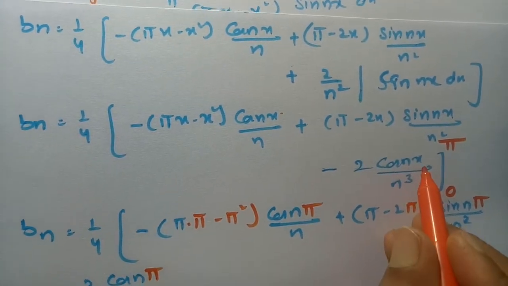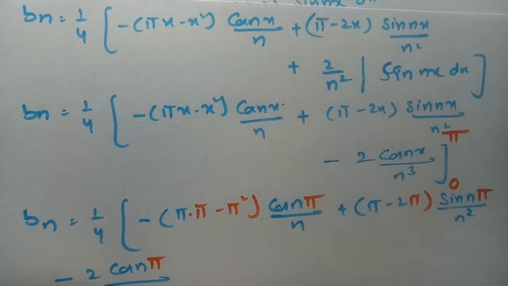So in place of x, if I substitute the upper limit, then this will be n cube.